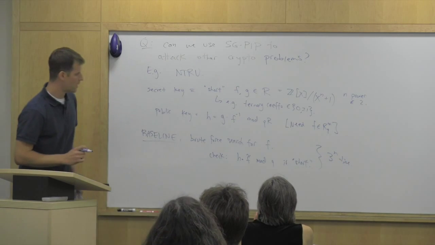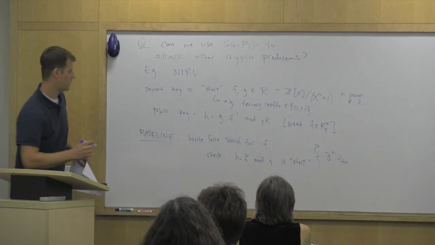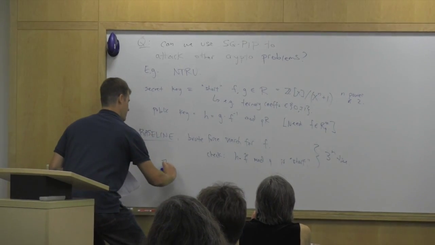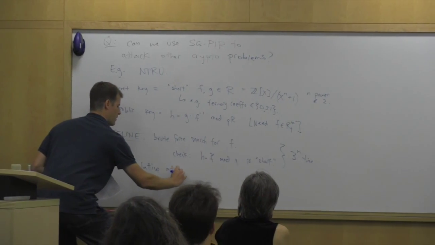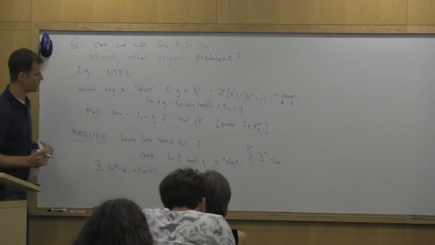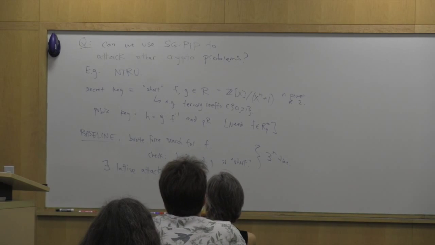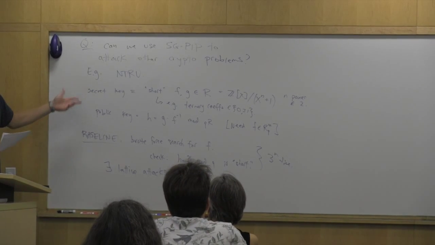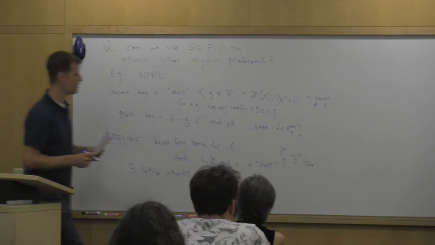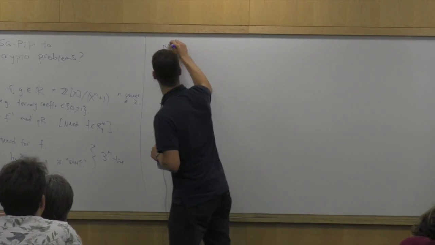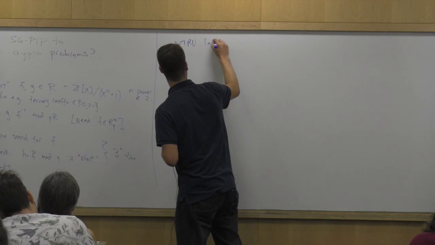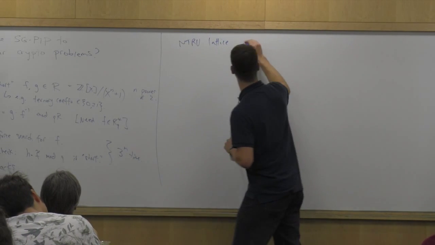Pretty slow. There are lattice attacks which are faster, which are better than this. But what you have to do is phrase the problem as a lattice problem. So let's do that now. The NTRU lattice, we'll call it L sub h.